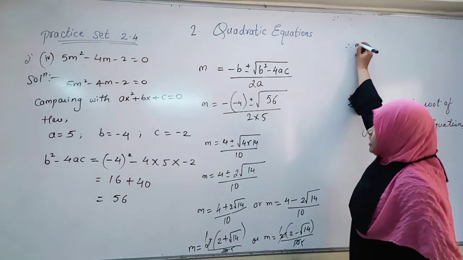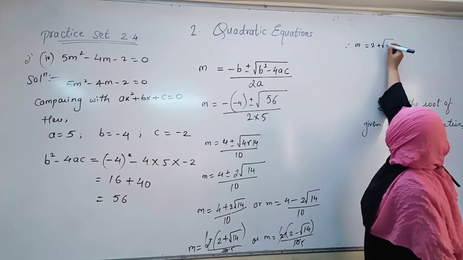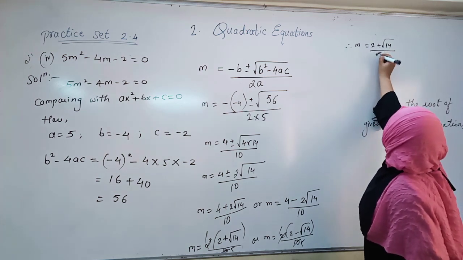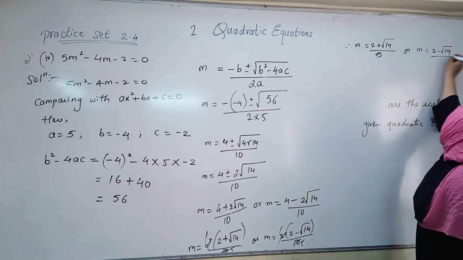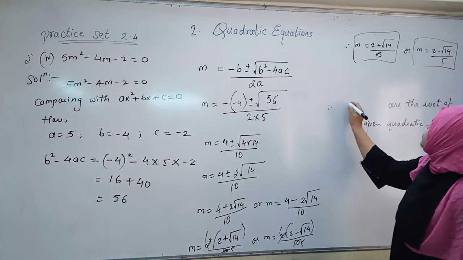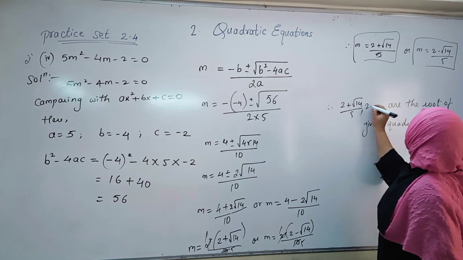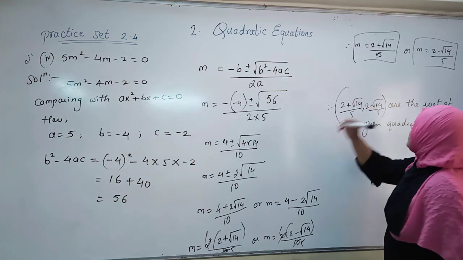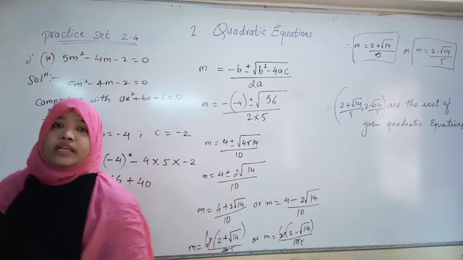So therefore the value of m is 2 plus root 14 upon 5, or m is equal to 2 minus root 14 upon 5. Here we got the 2 values of m. So therefore 2 plus root 14 upon 5 or 2 minus root 14 upon 5 are the roots of the given quadratic equation.